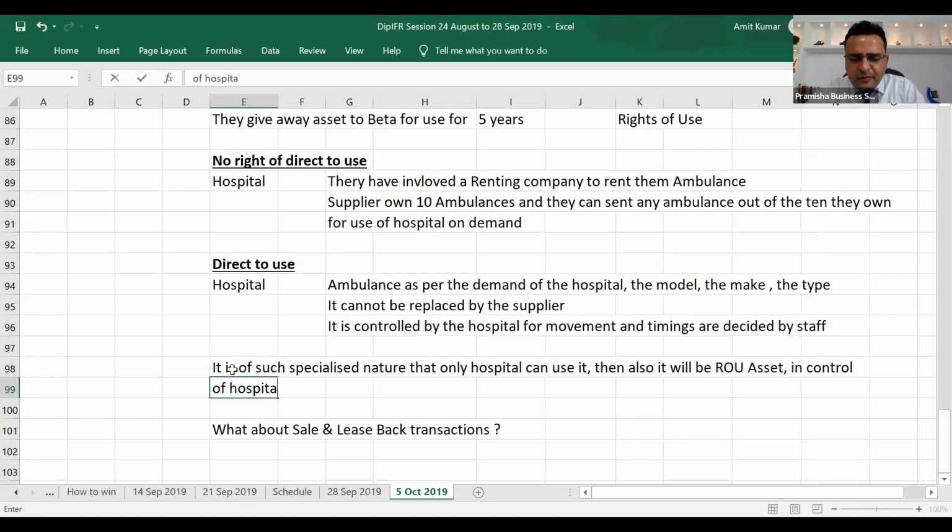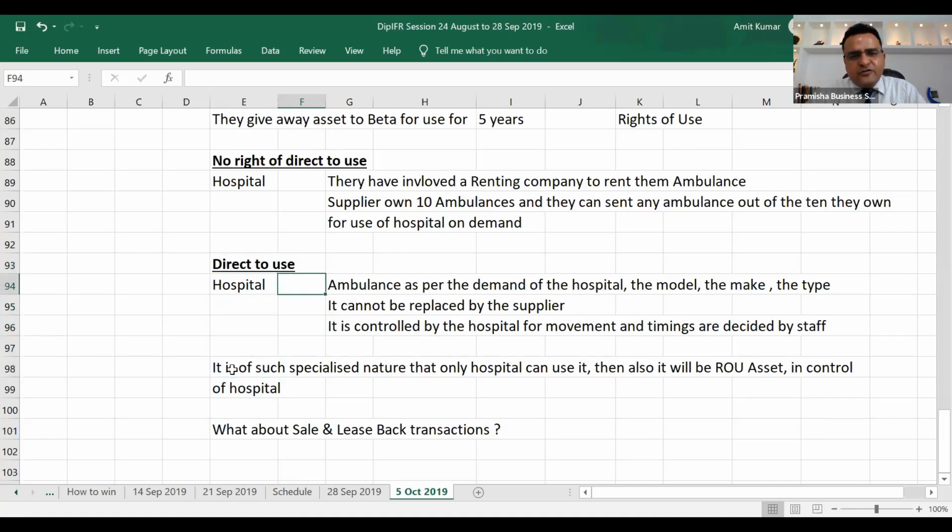They had got it prepared or customized from the supplier. See, the supplier is supplying ambulances, but this ambulance is specifically demanded by the hospital: we want this kind of ambulance, we want these facilities in the ambulance. So this cannot be used by any other hospital because they have demanded this specifically for them. It is of a specialized nature. Then we can say that the hospital is able to control.